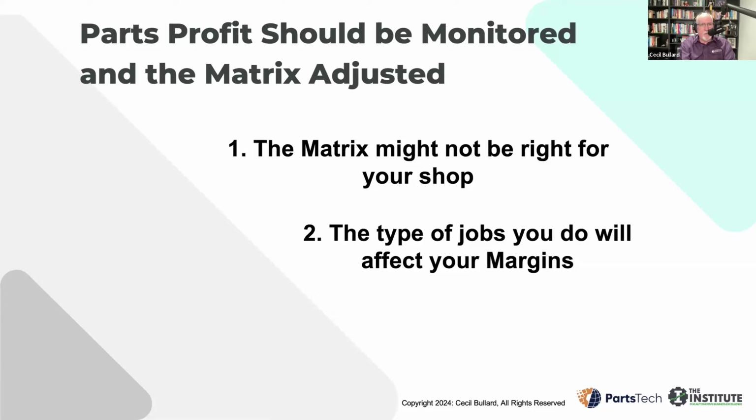We are working currently with a lot of diesel shops, and for some reason, our diesel shops have much higher average repair orders, and they're doing motors and other things that some of our general repair shops are just not doing. And so we may make adjustments to the matrix for the type of jobs we do so that we maximize our margins and hit the targets that we want to hit.